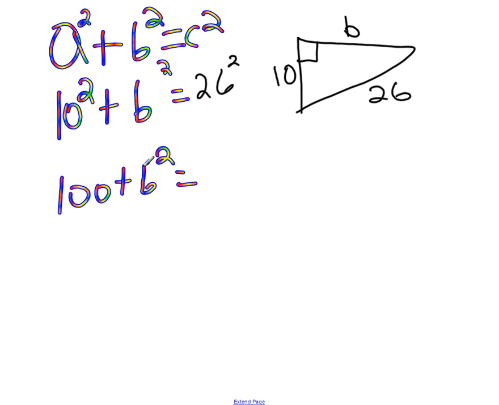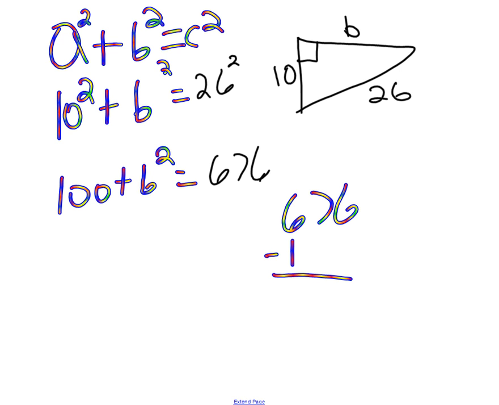26 squared is 676. And if you're solving for the short side, you do 676 minus 100. That's 576.